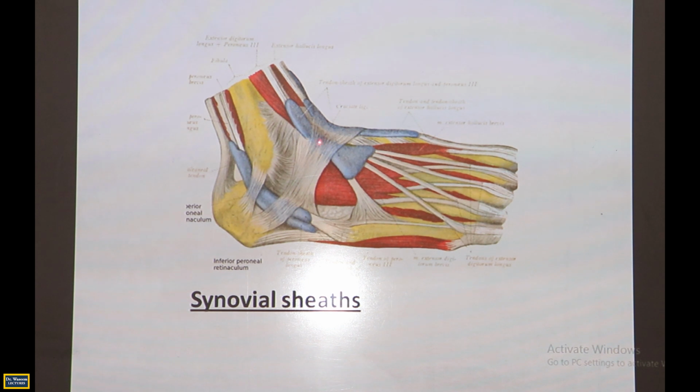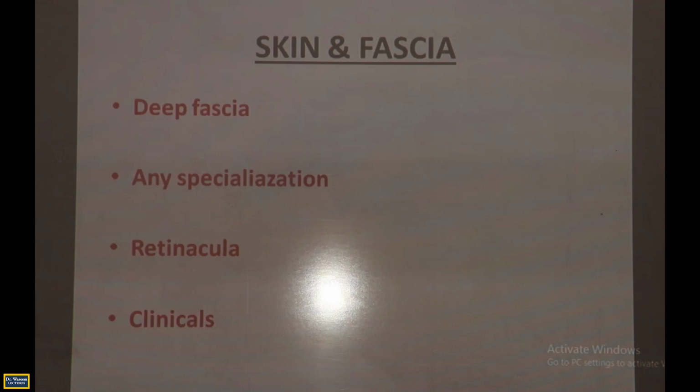Here on the lateral side we have a peroneal retinaculum, we have this extensor, and on the other side, on the medial, will be the flexor retinaculum. So, all the tendons which are passing deep to them will have synovial sheaths which contain synovial fluid to lubricate them and minimize the friction here. These are called synovial sheaths, you have to take them.